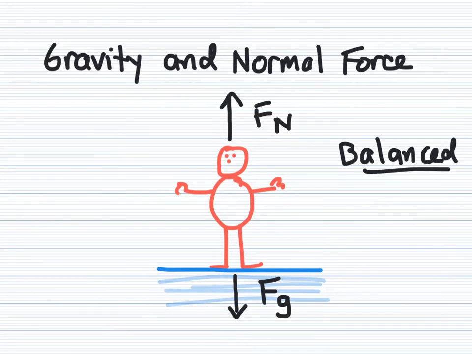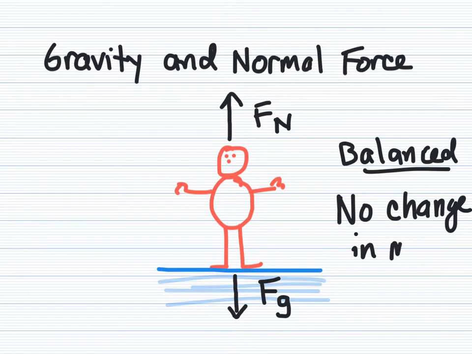And if forces are balanced, it means that there is no change in motion. And that means that our little man is not going to be falling. He's not going to be changing his motion at all. He's just going to stand there on the street side.